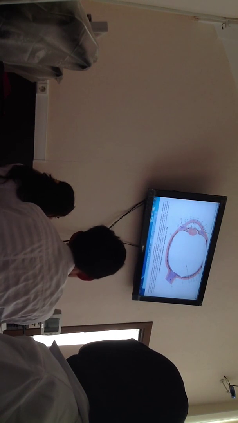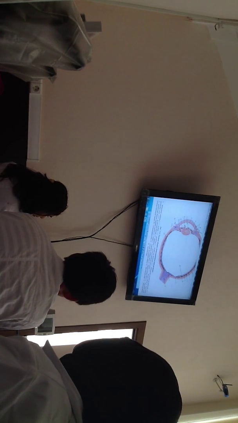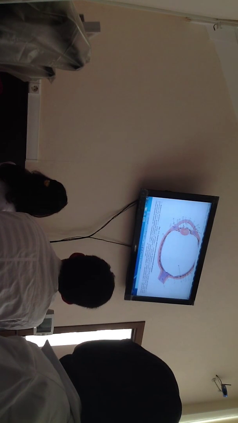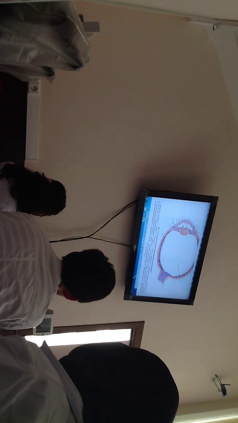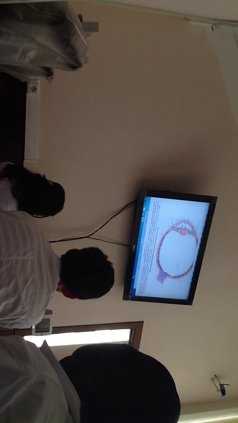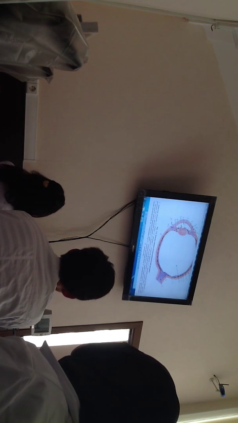The light passes through the retina, because receptive cells contact with the pigment epithelium, not with this surface, but with this one.